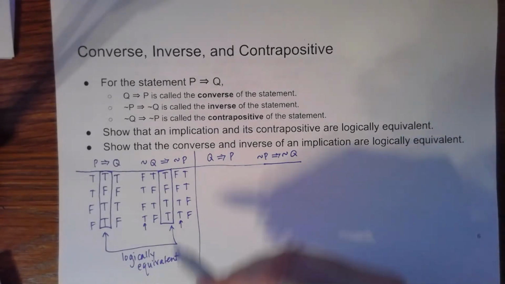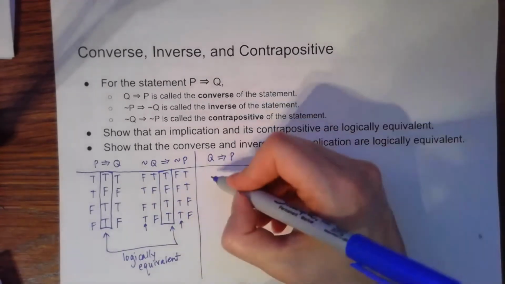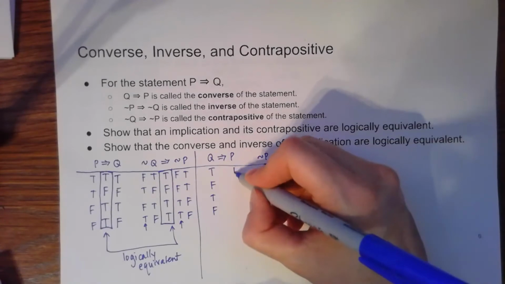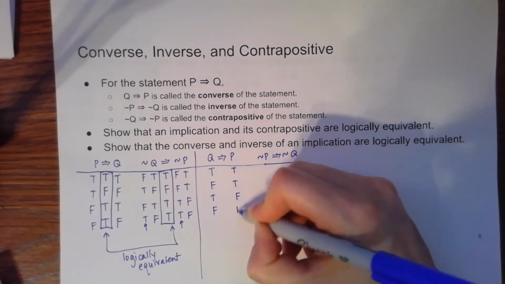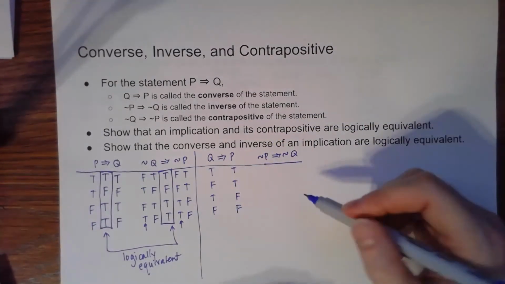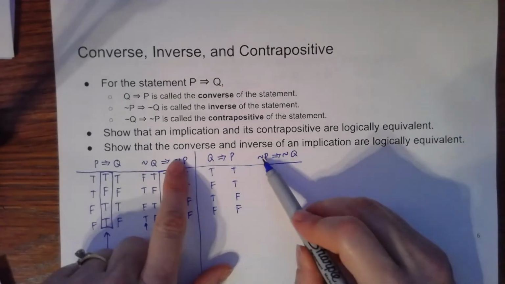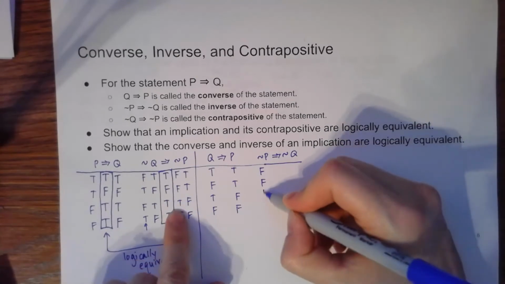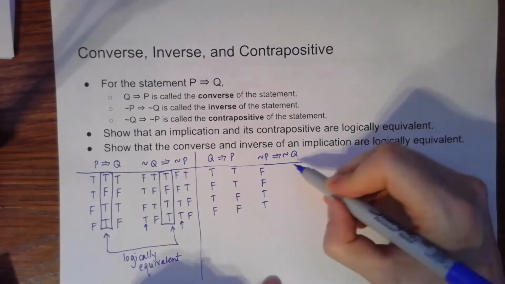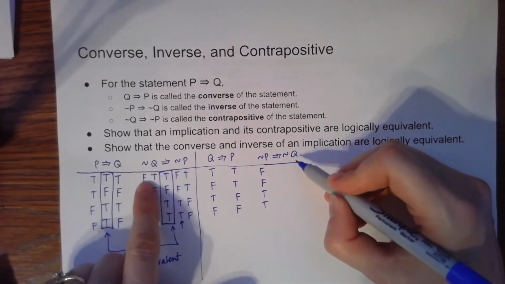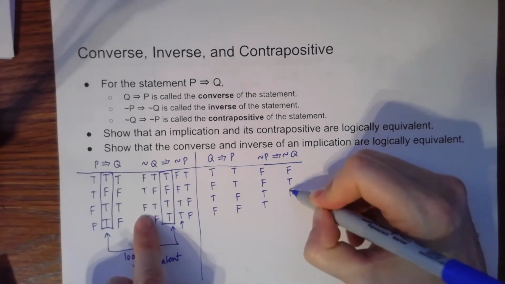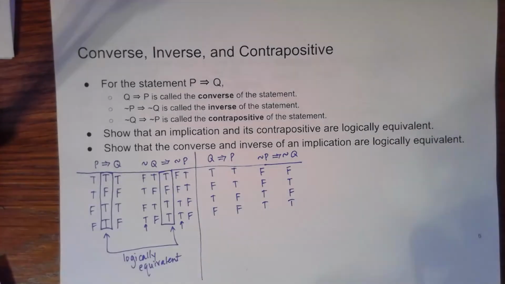Just like before, our Q is true, false, true, false, and our P is true, true, false, false. I'm just going to copy the not P's from before: false, false, true, true. And the not Q's: false, true, false, true. That will save me a little work in my table.